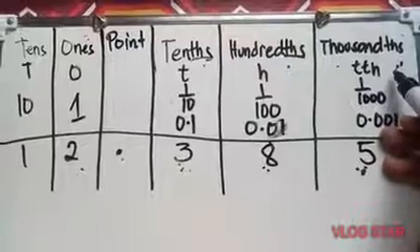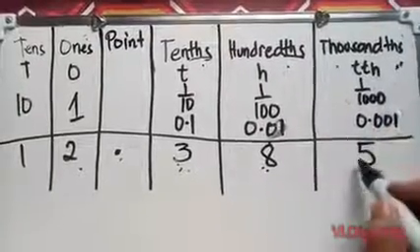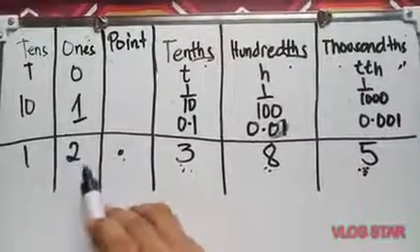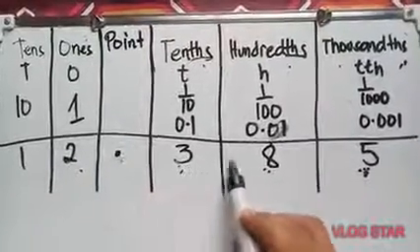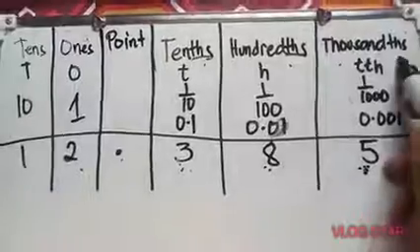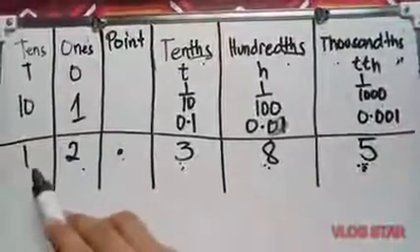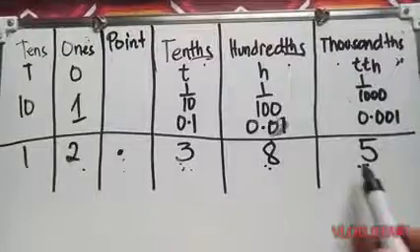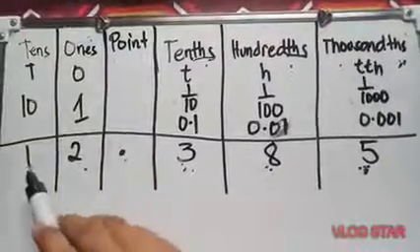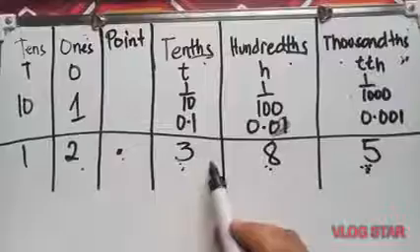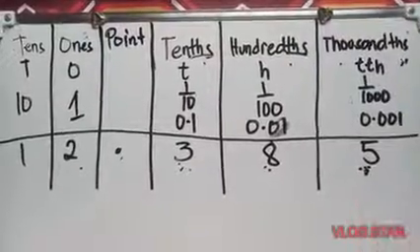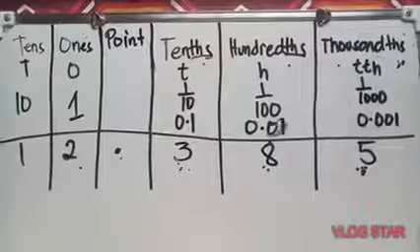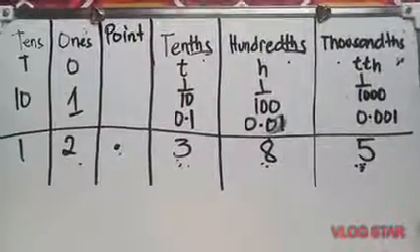So we need to consider the place value of the last digit in the decimal. I will repeat, 12 and 385 thousandths, or 12.385. So that's how we read and locate the decimal place value.